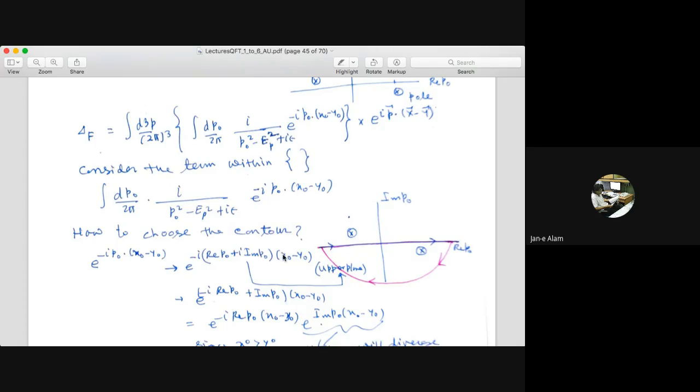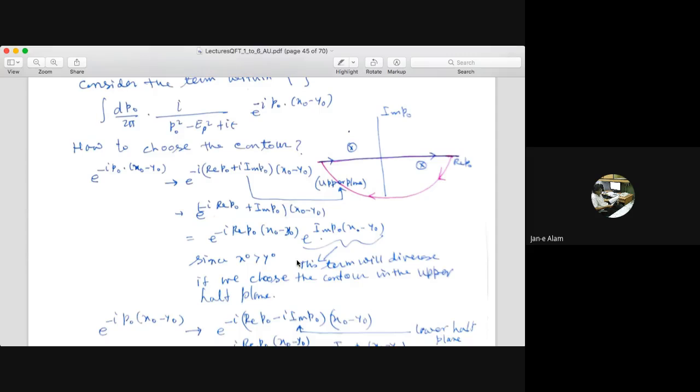Since x naught is greater than y naught, if you do the algebra, you will get a quantity imaginary p0 times (x0 minus y0). So in the upper half plane, indicated by this plus sign, with x naught greater than y naught, this is positive, and this quantity will not vanish if I choose the contour in the upper half plane.